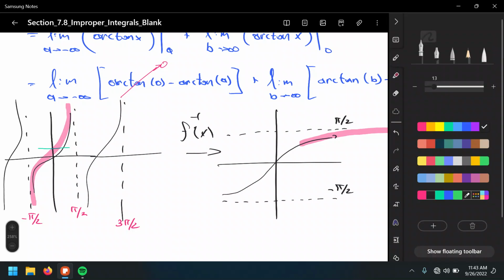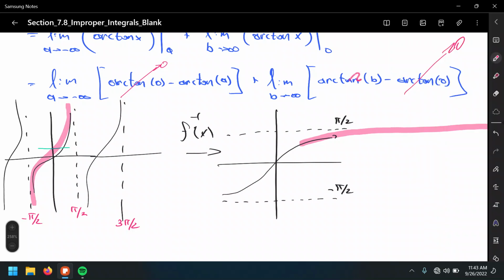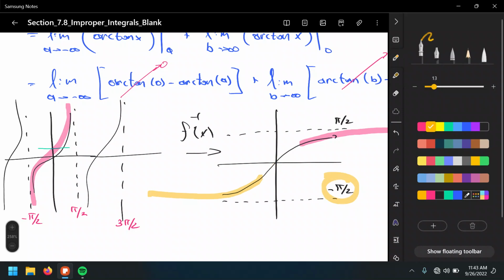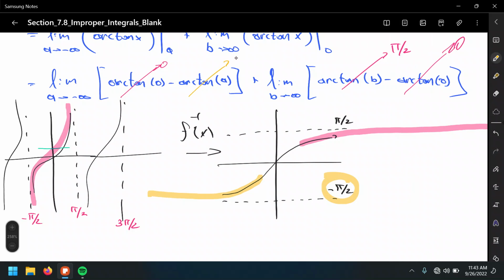In this case, this one is going to go to pi over 2. And let's do the same on the negative side. We're going to get close, but asymptotically, to negative pi over 2. So that's negative pi over 2.